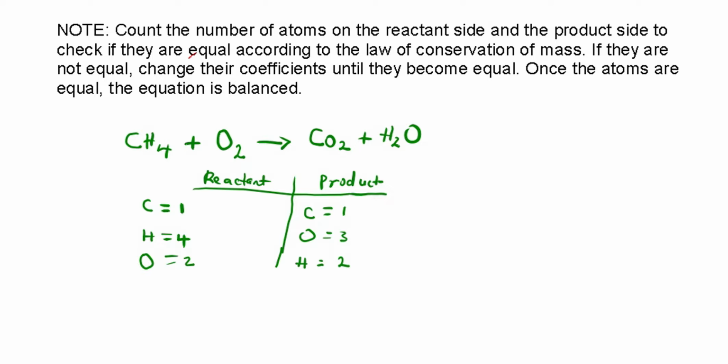The only element that is balanced there is C, carbon. Hydrogen is not balanced. Oxygen is not balanced. So what do we do? We change the coefficients, in the reactant side or in the product side. Whatever the case may be, we must make sure that at the end of the day, they are balanced according to the law of conservation of mass.